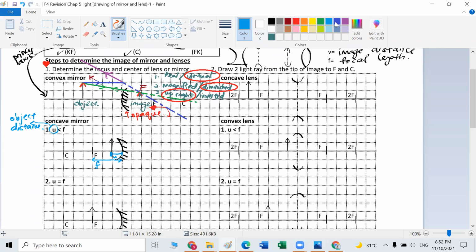Okay, so now what should we do? Same thing, KFC. So K means strike a line parallel to the axis, then K, then F. After that, C, I use green. Directly from the tip, every time start from the tip of the object.